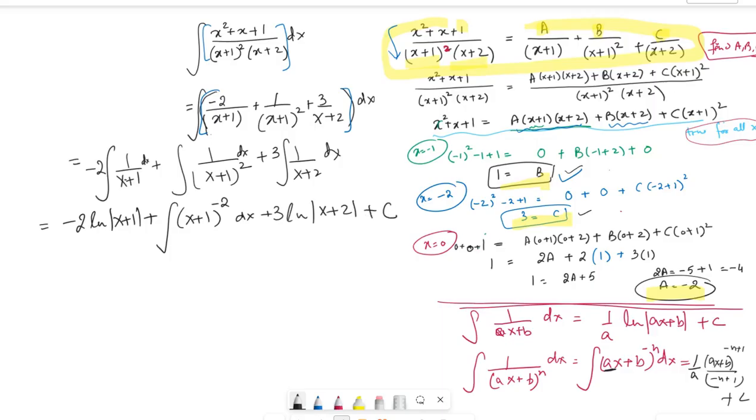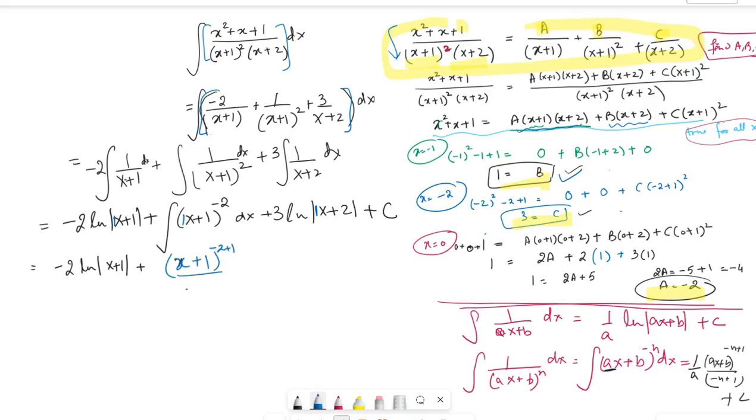Pay attention because the coefficient here of x was 1. I didn't need to divide by anything. Okay. So negative 2 natural log of x plus 1, plus this one can be written using the power rule. So coefficient of x is 1, so we don't really have to worry about a here.